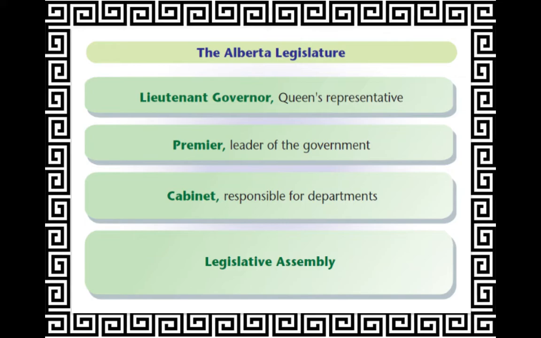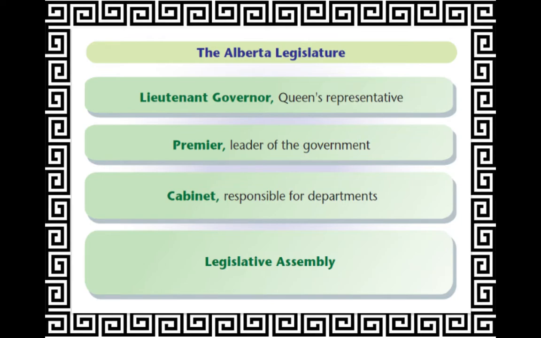Next, after voting, we vote for our premier, and the premier is the leader of the Alberta legislative government. They belong to a party, whatever it may be. So Jason Kenney is our premier, as you may know, and he belongs to the Conservative Party, right?